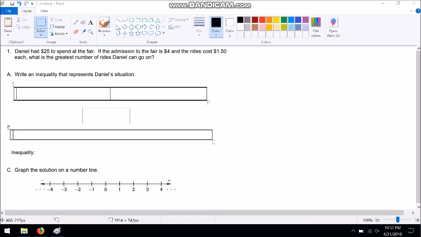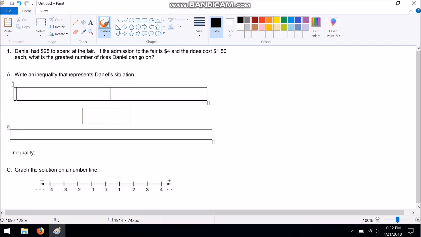So the very first thing we want to do is find out what our total is, so we know what we can put in the bottom box. If we look at that first line where it says Daniel had $25 to spend at the fair, we can figure out what the total amount of money he has to spend is, and that's $25.